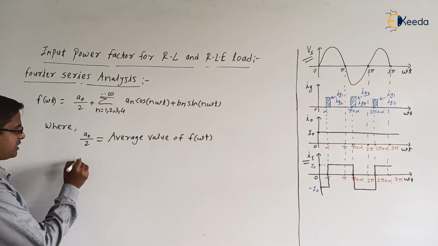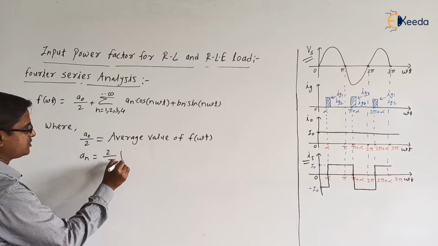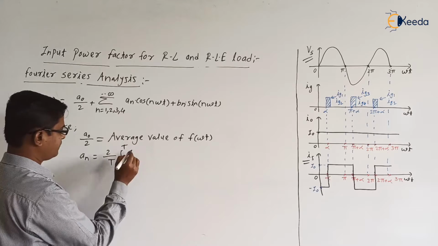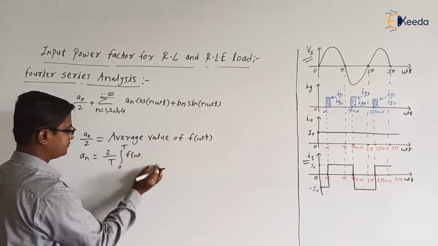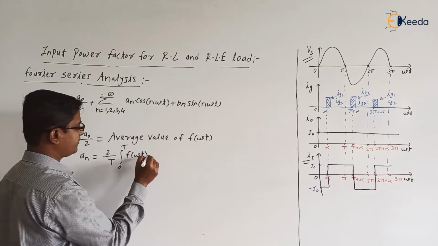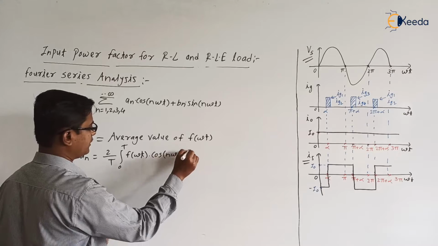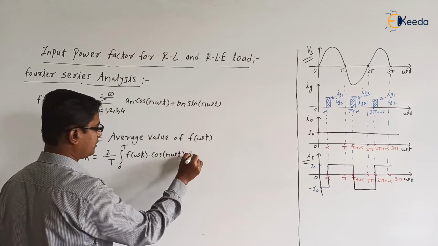Next, an is equal to 2 by T integration from 0 to T of f of omega t into cos of n omega t into d omega t, or in terms of dt we can write it into dt.